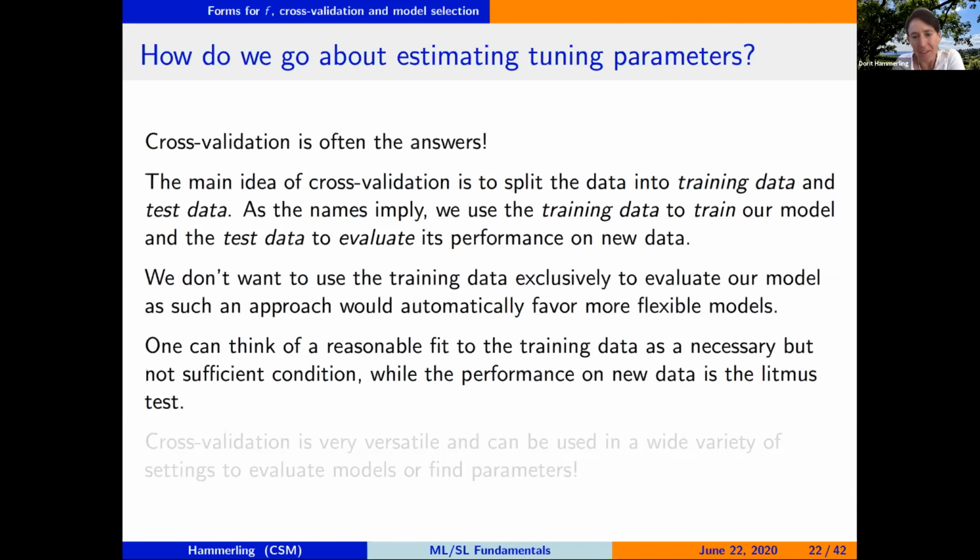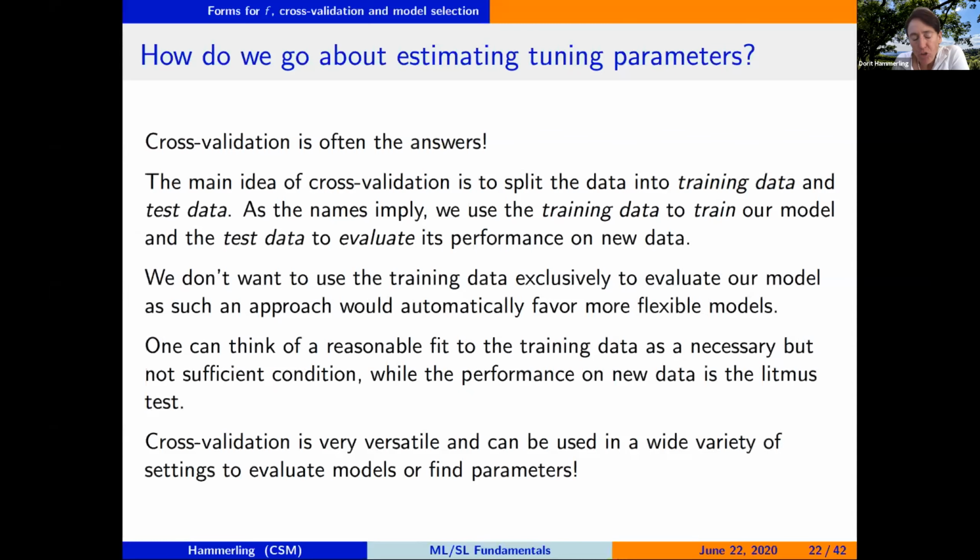That's probably not the right framework. If even on the training data your model isn't flexible enough to get a close match to your true values, then you probably want to look further. But if your model fits the training data very well, that's not a guarantee that it will also perform well on the validation data. That's what we call the performance on the new data, on the test data, the so-called litmus test that tells you, should you really do this? We'll show a visual example for that in a second.